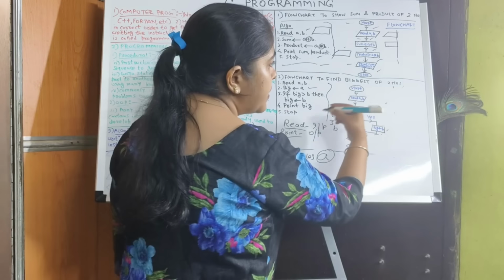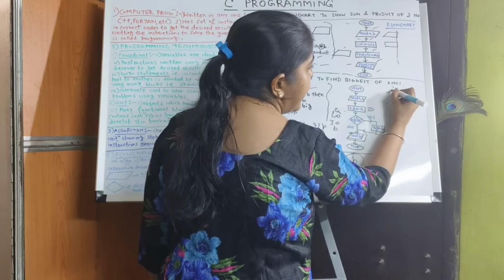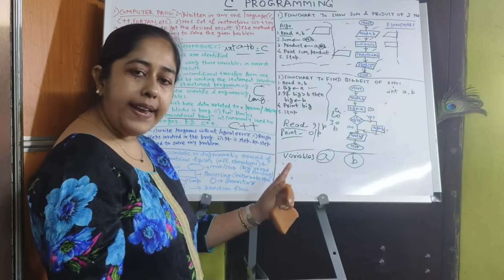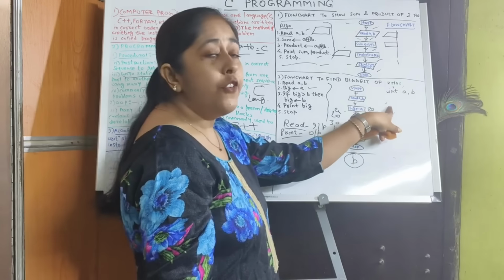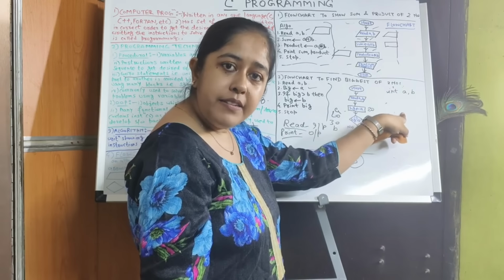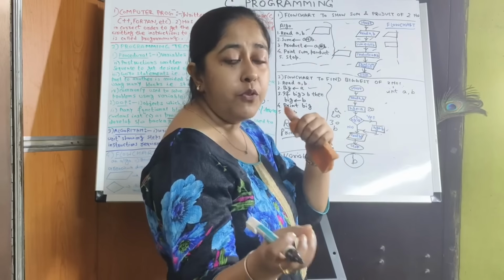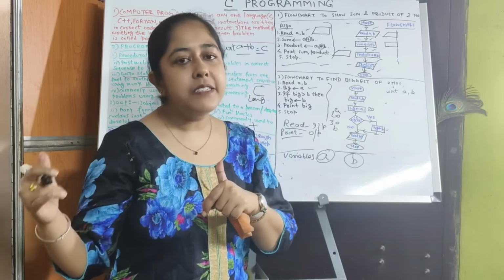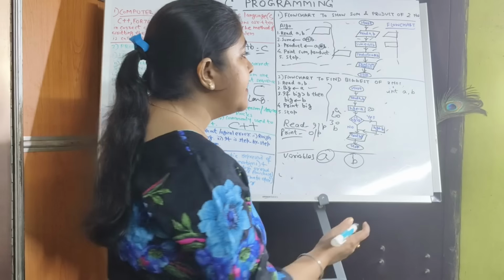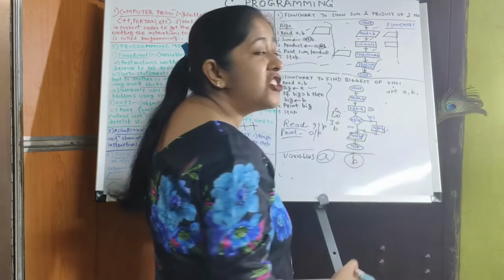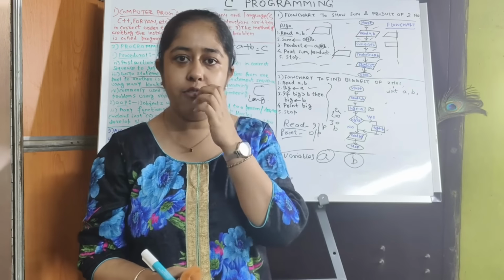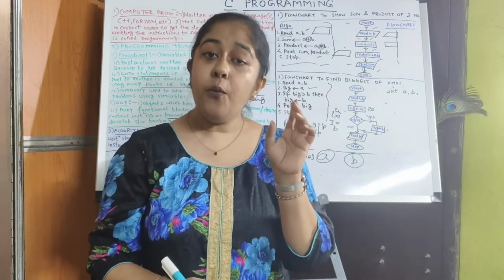So first sentence will be what? int A, B, right? Why int A, B? Here we are going to put the values on which you are going to do the summation and the multiplication. So these two variables you have to initialize. Initializing means you have to declare those particular variables. Why?